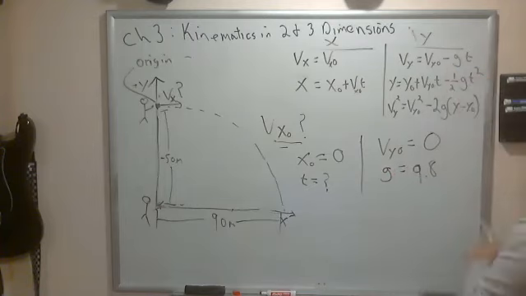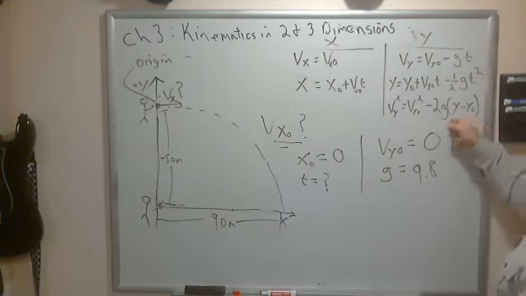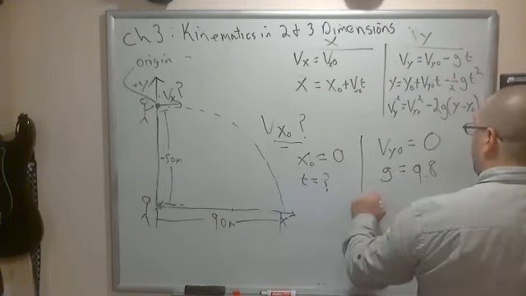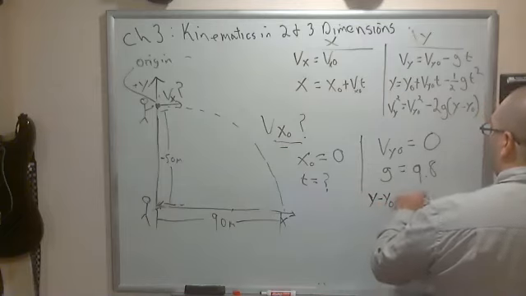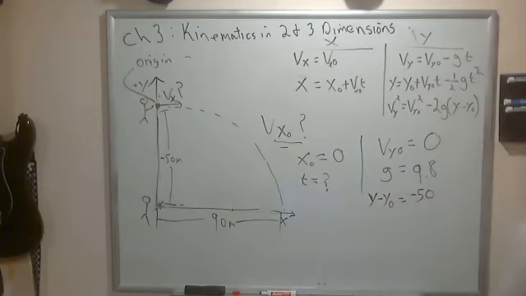So I'll just write g is equal to 9.8 to be consistent with the problem, right? What else do we know? The distance it travels. Yes. I'll just write it as y minus y0. And that's negative 50, right?